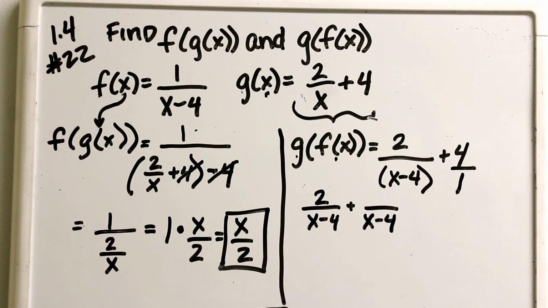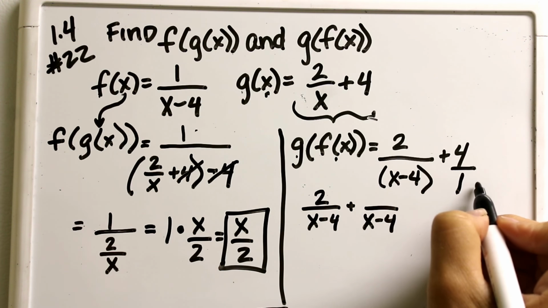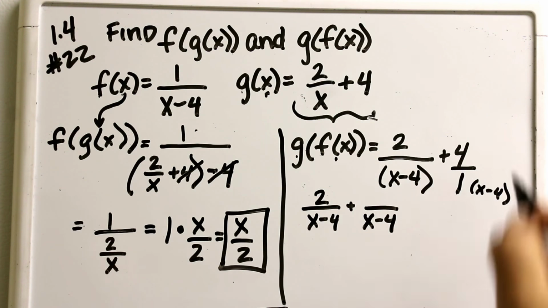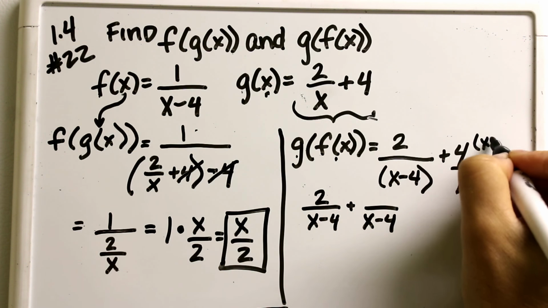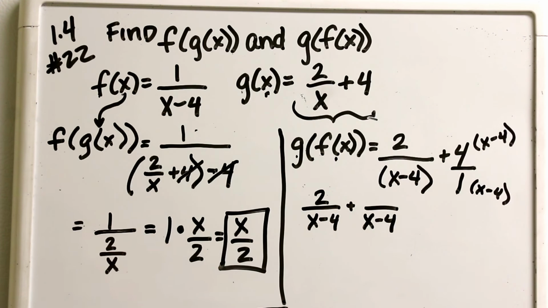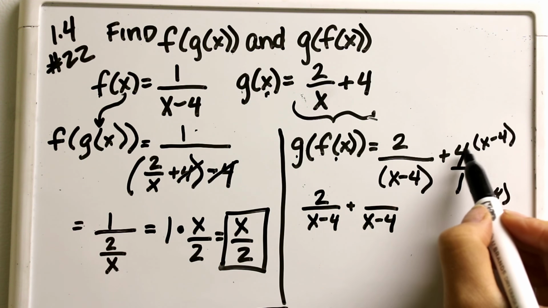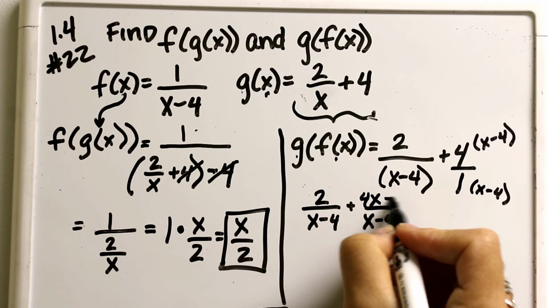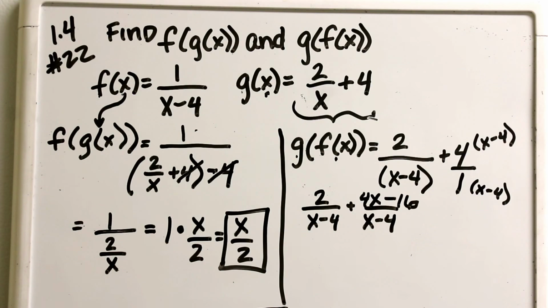If the common denominator is x minus 4, that means I'd have to multiply the denominator by that. Then we also have to multiply the numerator by that. When we distribute, you would get 4x minus 16.